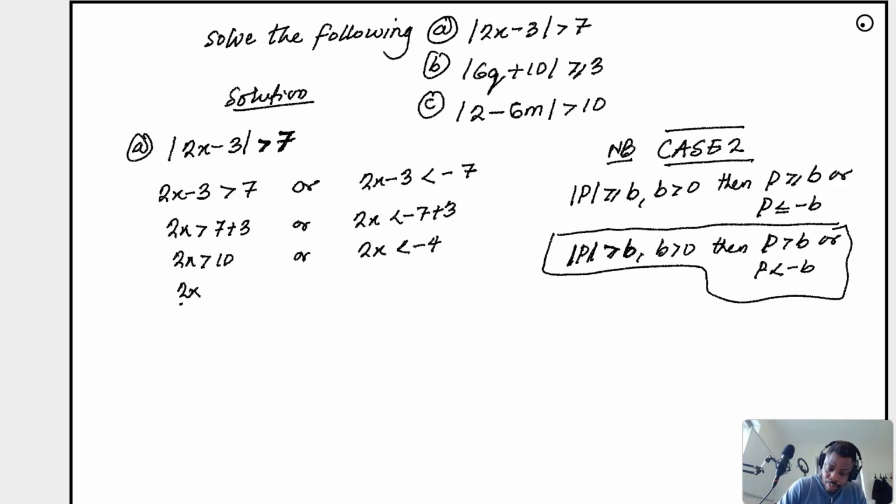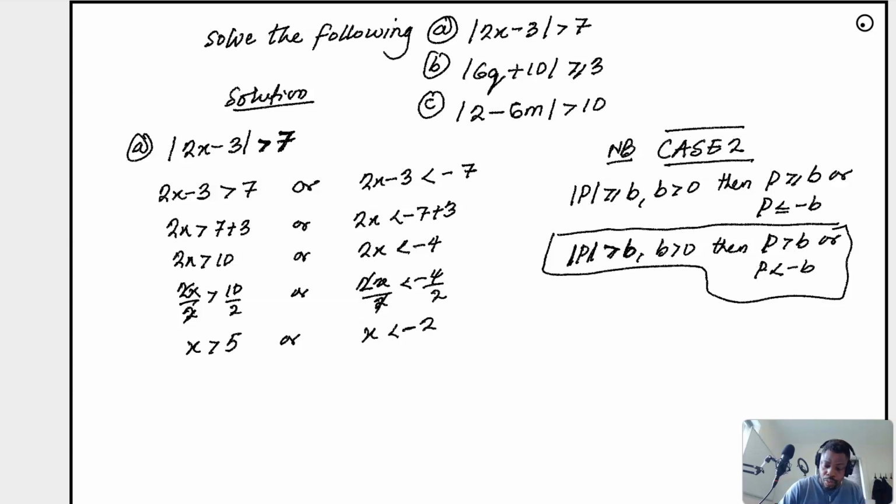Divide through by 2. Since you are dividing through by a positive number, the inequality sign remains the same. Okay, so here x is greater than 5, or here x is less than minus 2.